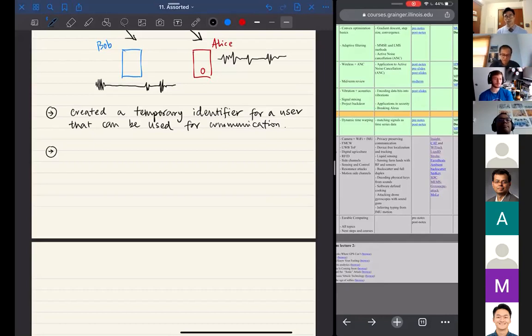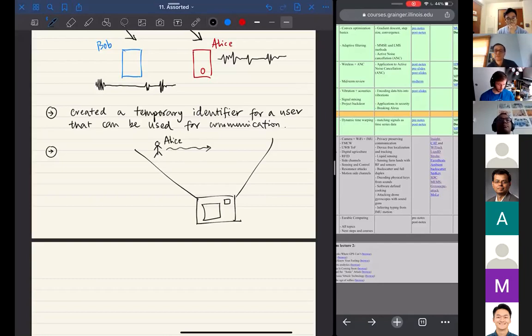So then one thought was, if someone's taking a picture with a camera, and let's say Alice happens to be in this picture, Alice is walking in the background and happens to be in the picture. Can Alice's phone broadcast an IMU data?